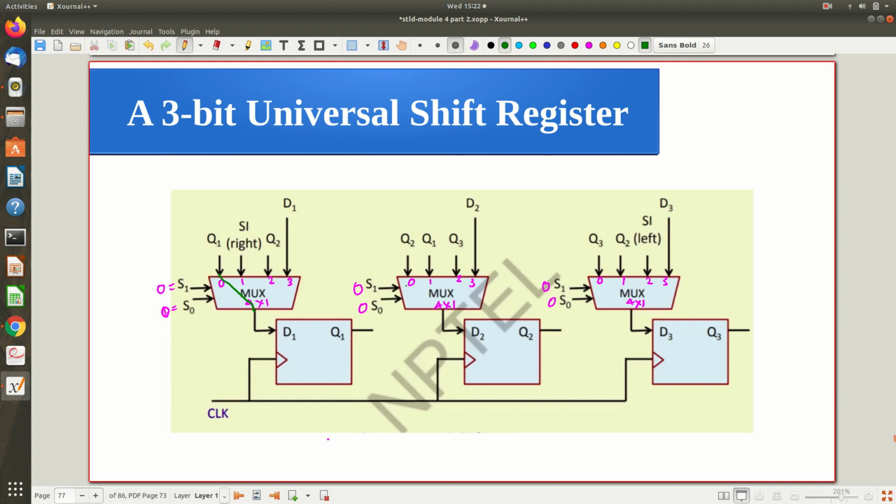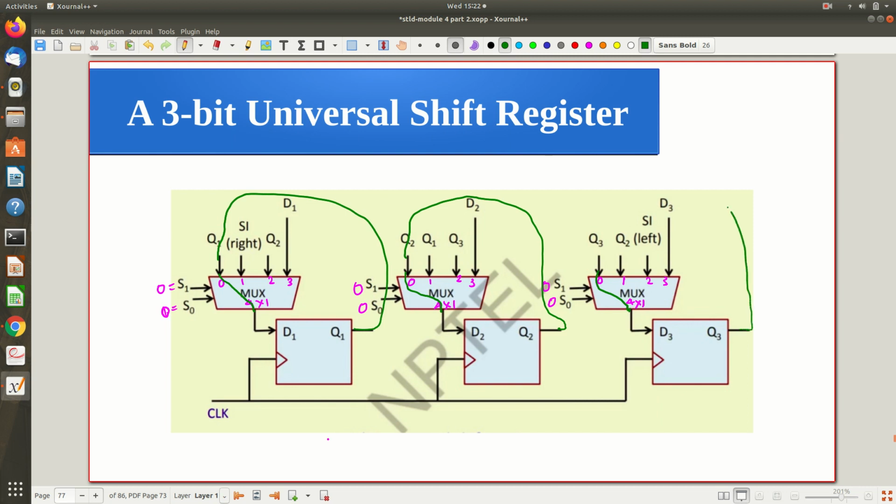So this bridging will happen at all the 3 muxes, and you can see what is being connected to the output. What is this Q1? Q1 is this particular Q1, right? So I am actually taking that Q1, and here also I am taking this Q2, fine, and here also I am taking this Q3.